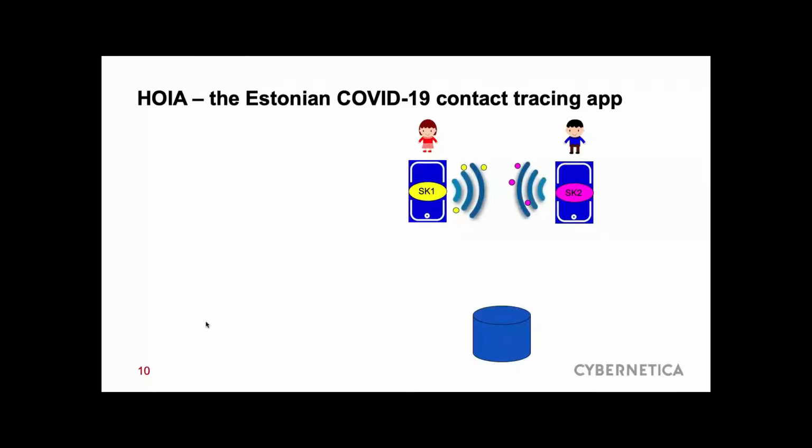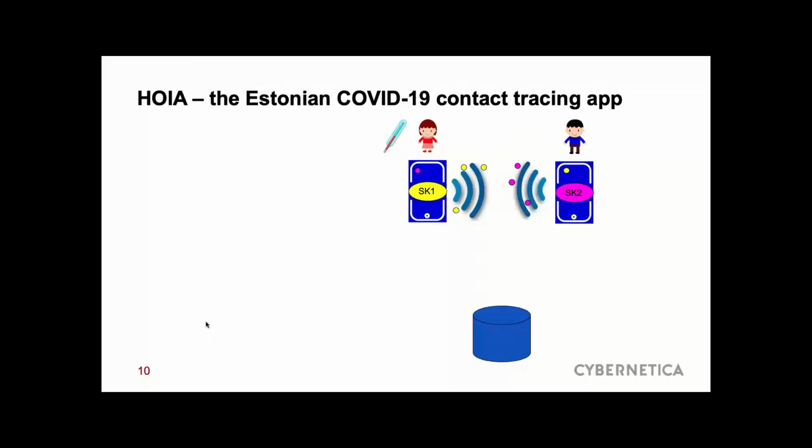And then over Bluetooth channels every day, random identifiers are exchanged and stored. So when I stay within somebody's 2-meter range for 15 minutes, then I will have from them one of the pseudonymous keys that they have been distributing.